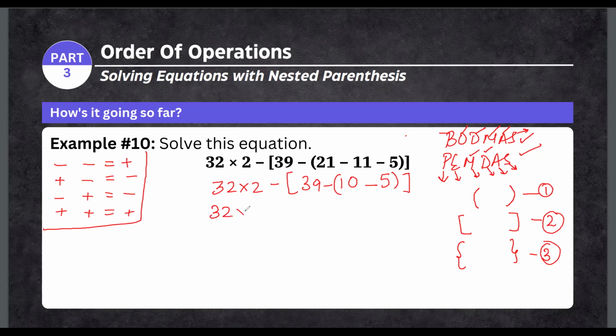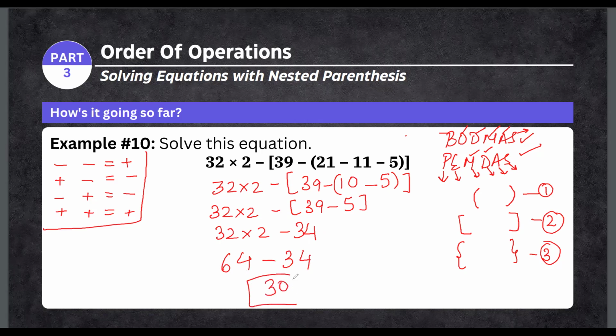Now in the next step, I will write 10 minus 5 is 5. Now I have to solve this bracket. 39 minus 5 is 34. Now here we need to multiply first and then we have to subtract. So when we multiply it, we will get 64 minus 34. So 64 minus 34 is 30 and this is your final answer, right?